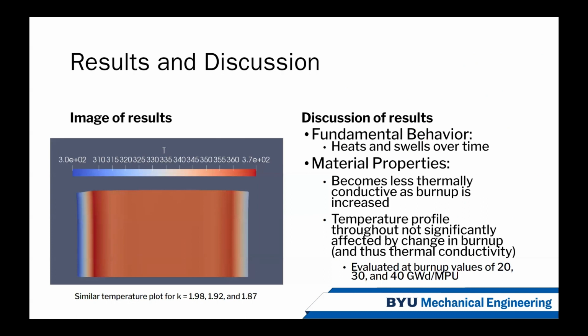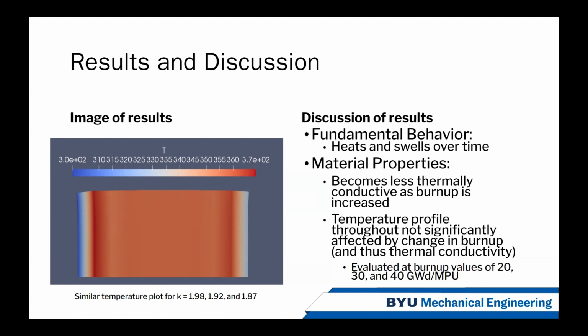The result shown here on the left is an image of the material sample, the UO2 sample, and the temperature profile throughout it. The fundamental behavior we observed was that there was heating and swelling over time.